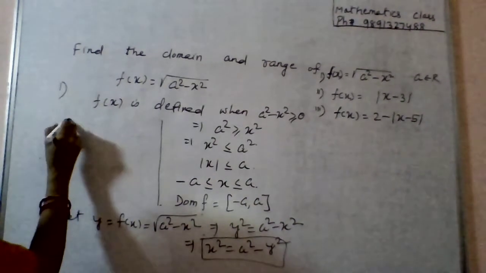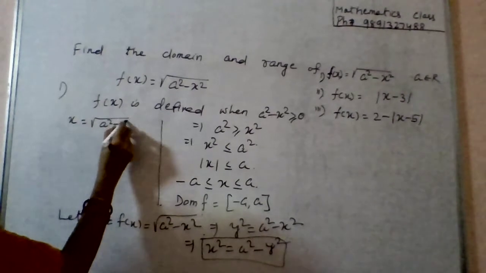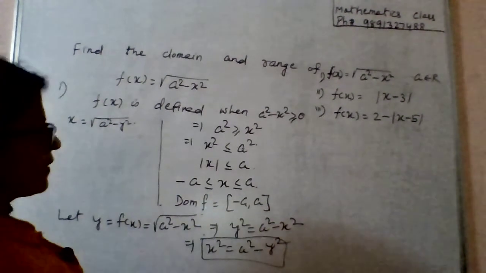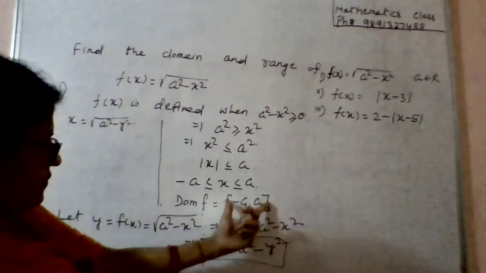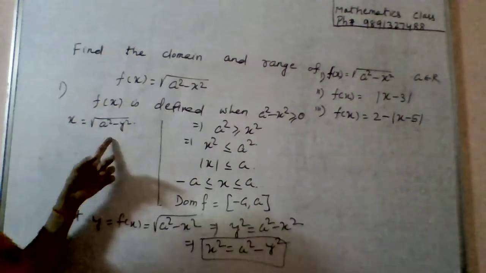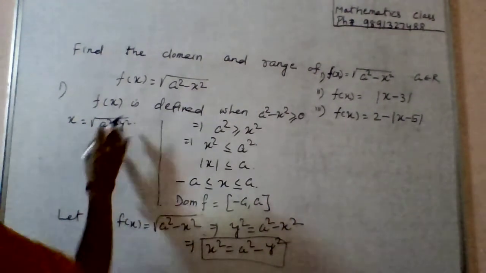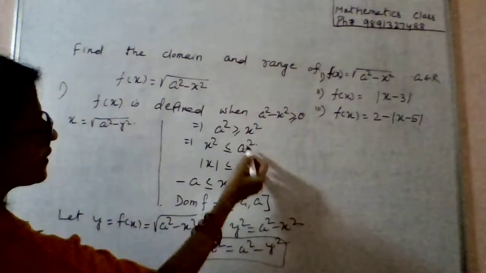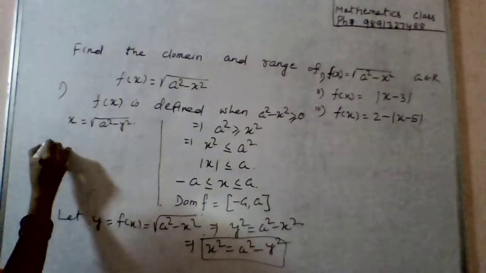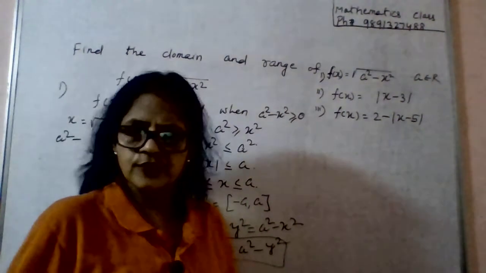So you are having x equal to the square root of a square minus y square. So here you see x lies between this. What should be the minimum value? Even if you don't want to explore some different method, you can go like this also.